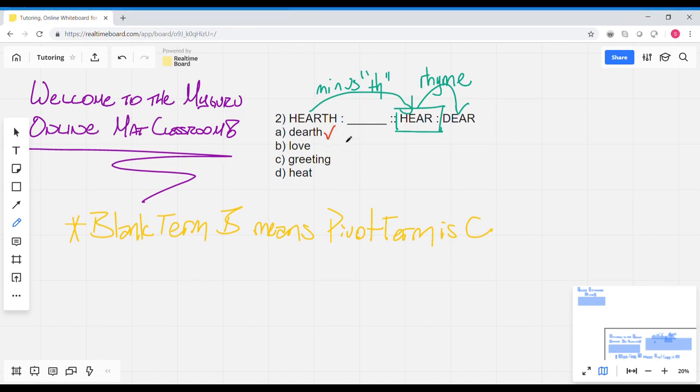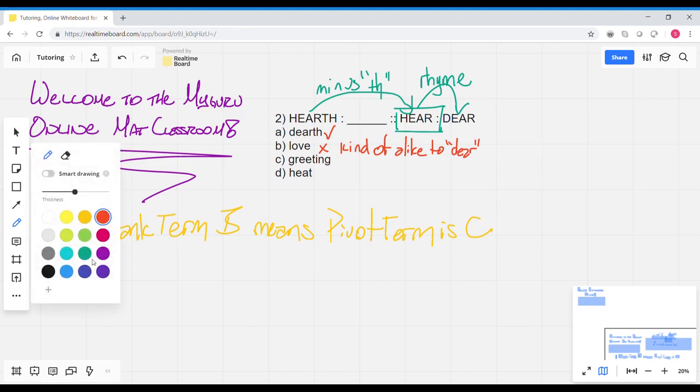Now, look at how they lay the traps. Love is a trap if you just try to say that it is somehow kind of alike to deer, because you might call your significant other dear or love.